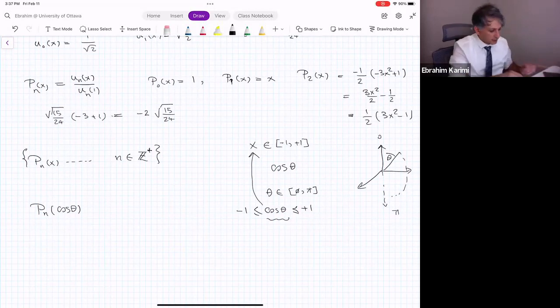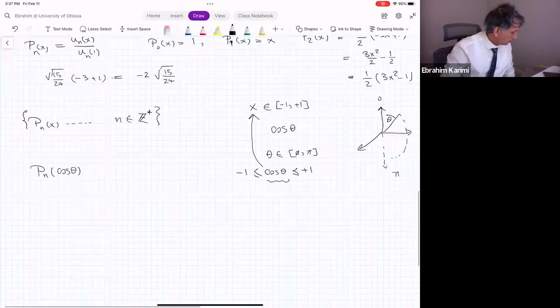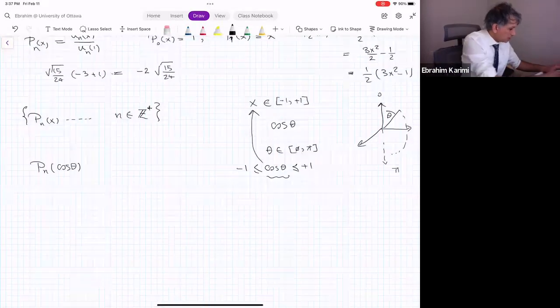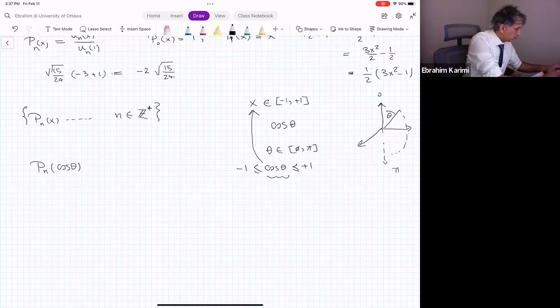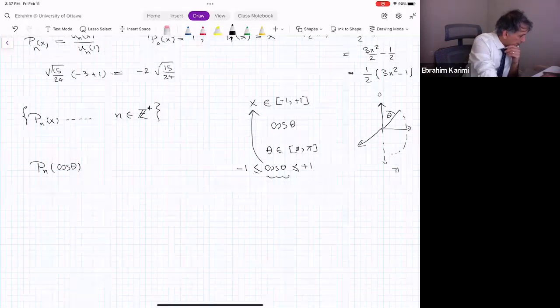Let's have an idea also about the Pn's and what the Legendre polynomials look like. You have to look at the physics domain, not in maths. Let's go to Wolfram Alpha.